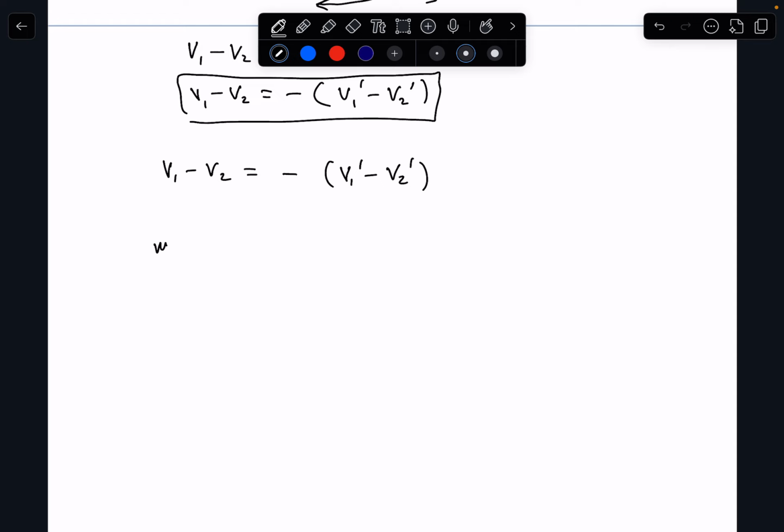So we have these beautiful equations. First equation, conservation of momentum, and the relative velocity reverses equation as well.